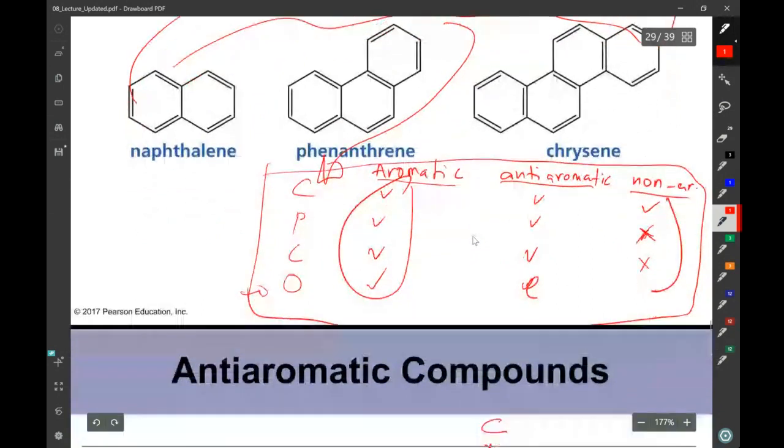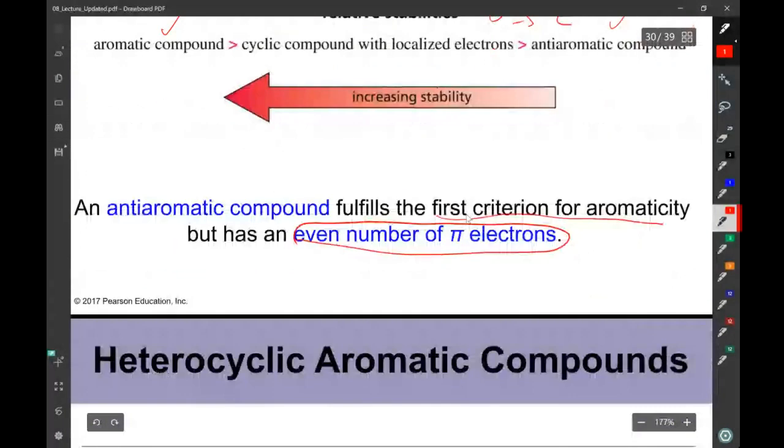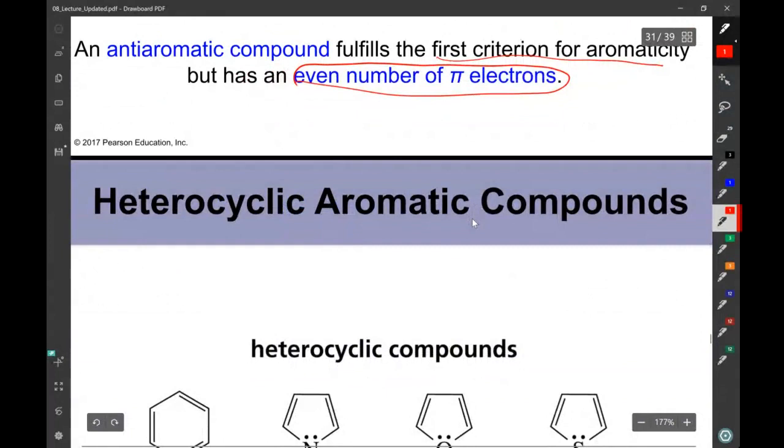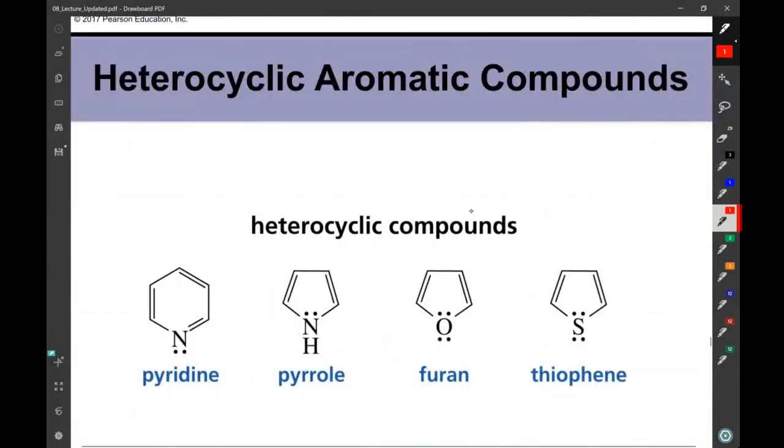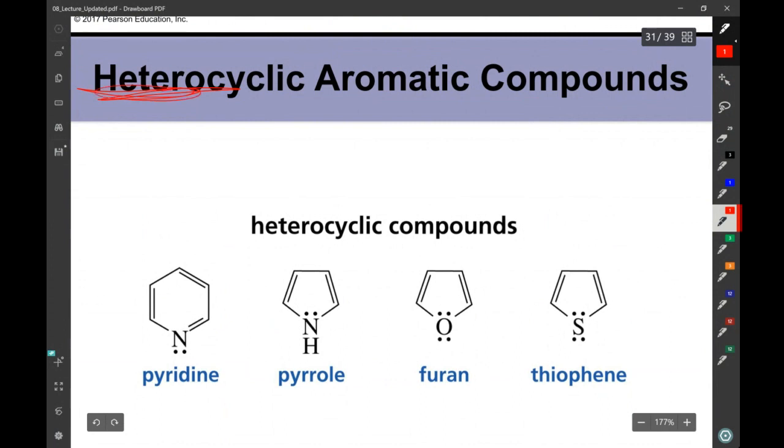Okay, so you may also have some heterocyclic molecules. What we mean by a heterocyclic molecule is that the molecule will have another atom other than carbon present in the ring. We refer to them as heterocyclic.